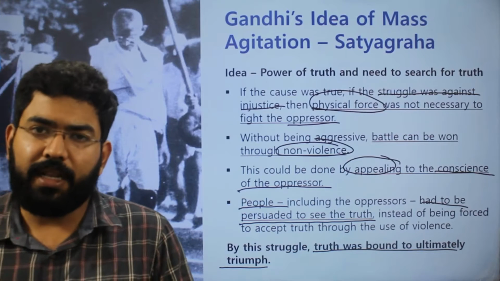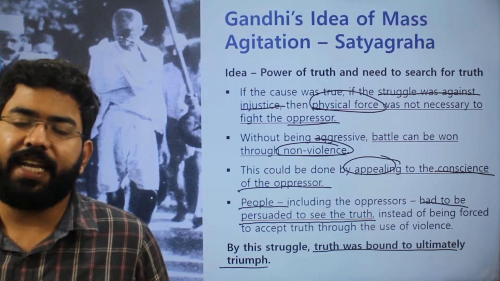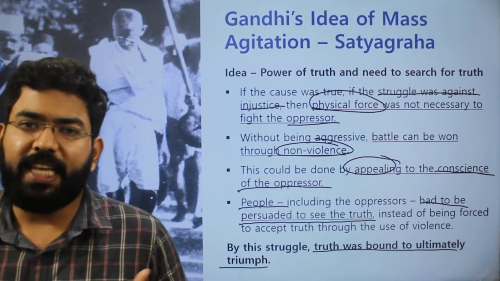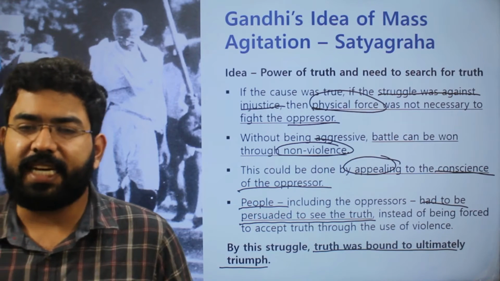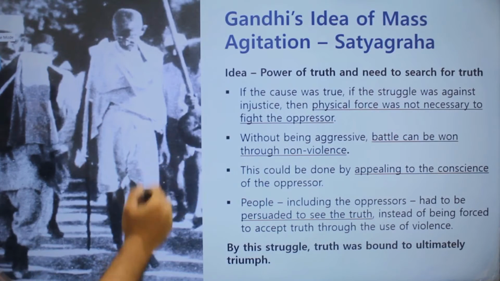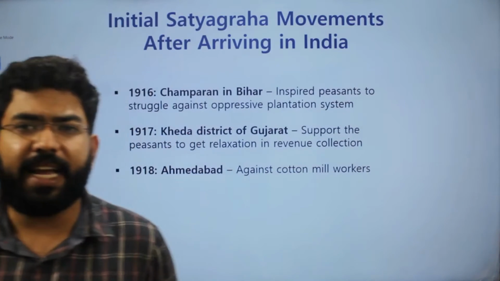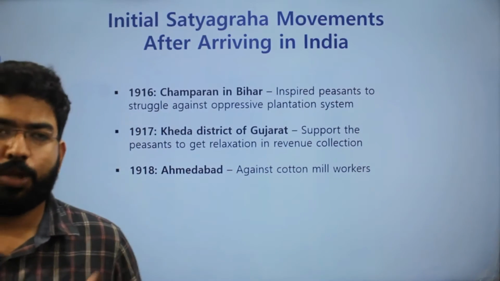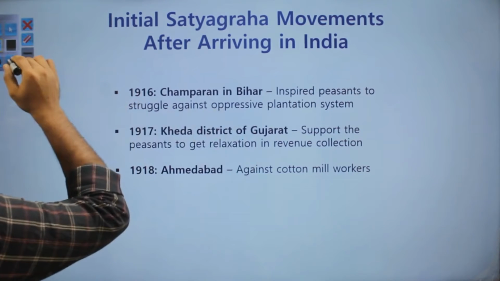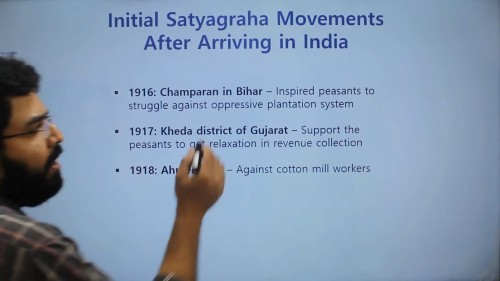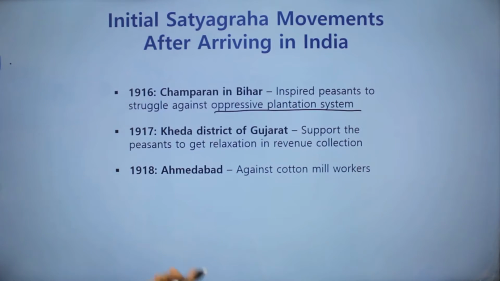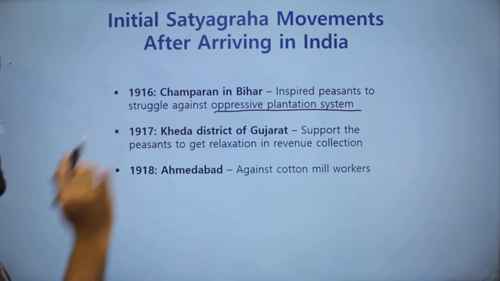People across the country started gathering momentum based on this ideology because of the initial satyagrahas and their success. The first satyagraha was in Champaran, Bihar, where the peasants were struggling, and Gandhi supported them against the oppressive plantation system and got great success.